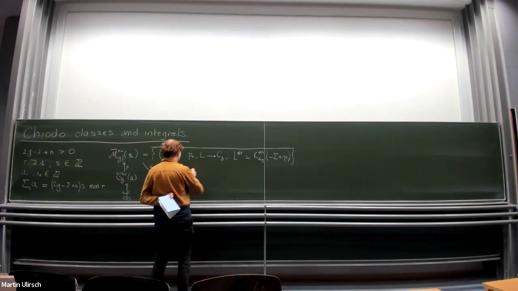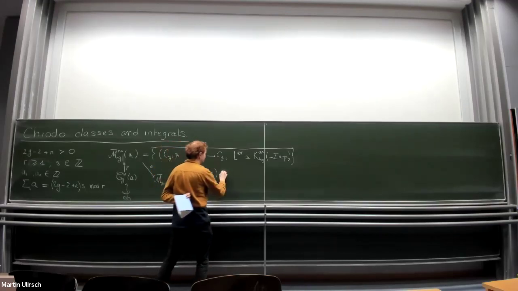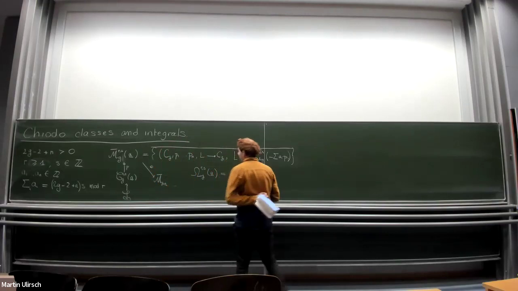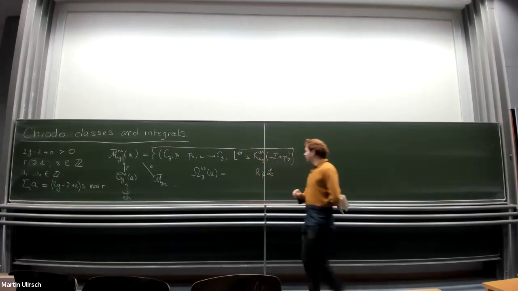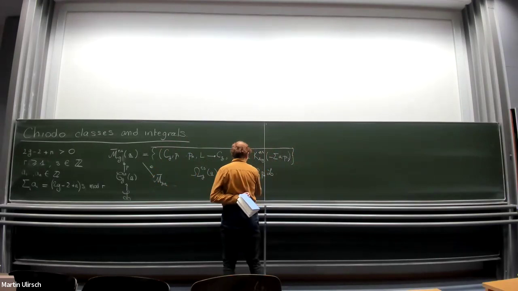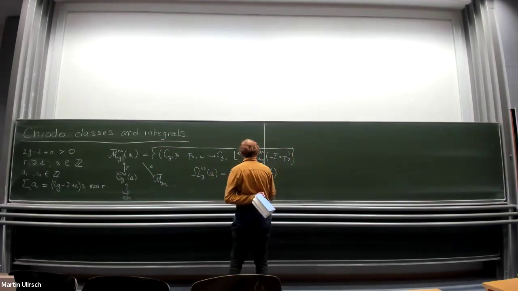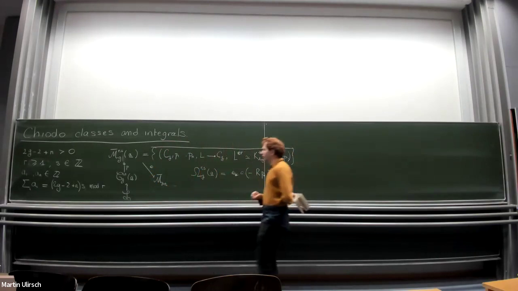And the construction for the Chiodo class, which I'm going to denote omega_{g,r,s,A}: you're going to take the derived pushforward of L. So you take the dual and the Chern class, and then push forward to the moduli space.